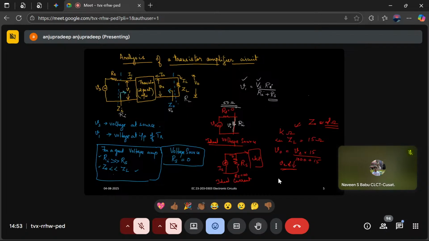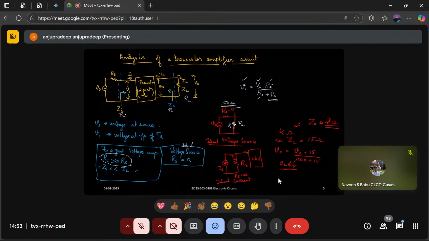But if the source is not in our control, like in the lab where you don't have an option and have to use the function generator, then you can make the input impedance of the circuit very large so that this condition is satisfied. So you should remember that an ideal voltage source means Rs equal to 0.